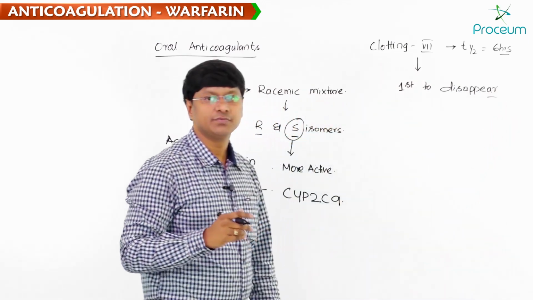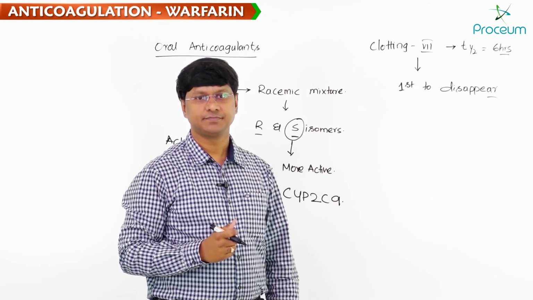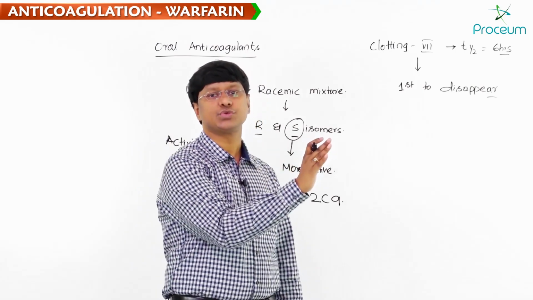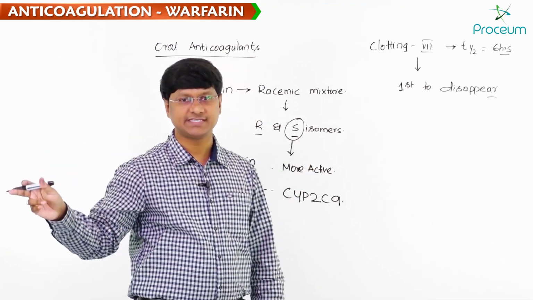And take the clotting factor which is last to disappear among your 2, 7, 9, 10.